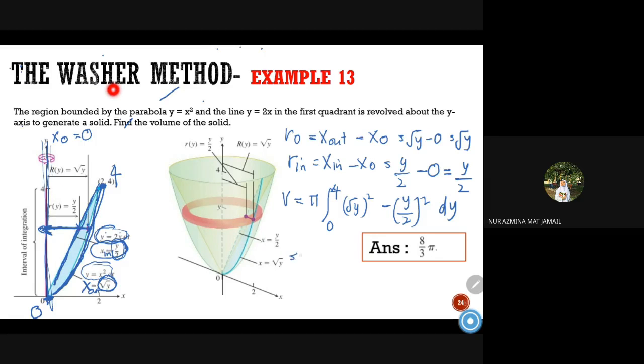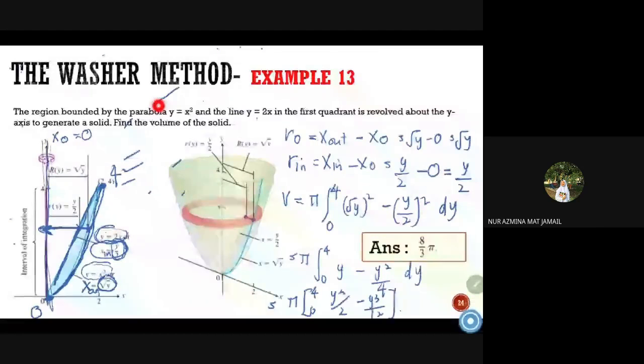So yang ni pi, maknanya integration 0 to 4 square root y square, you will get y minus with y square over 4 dy. Okay, so you solve this, you get 0 for y square over 2 minus with y cube over 12. Okay, gantilah, then you should get the answer which is equals to 8 pi over 3.